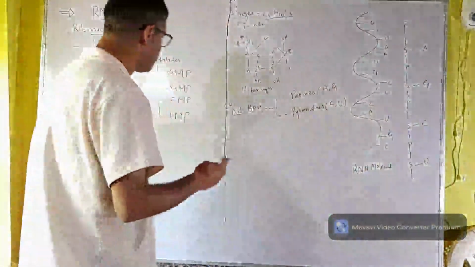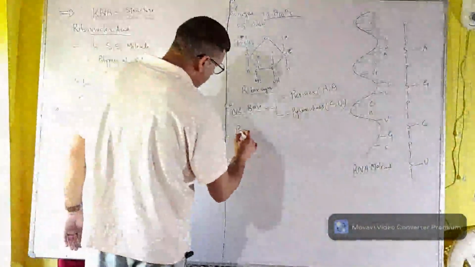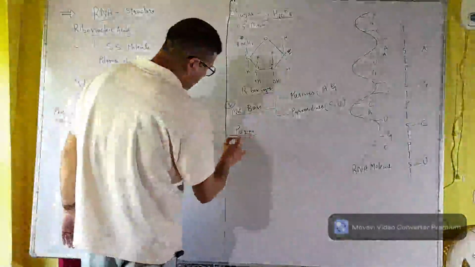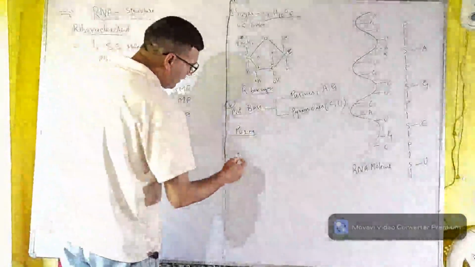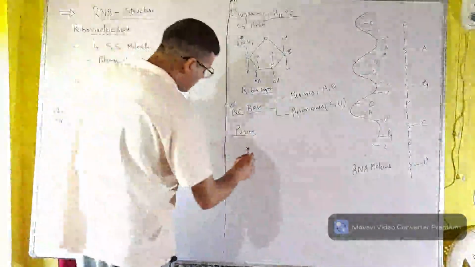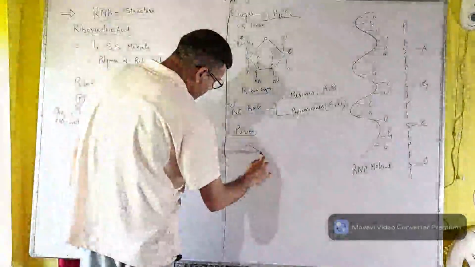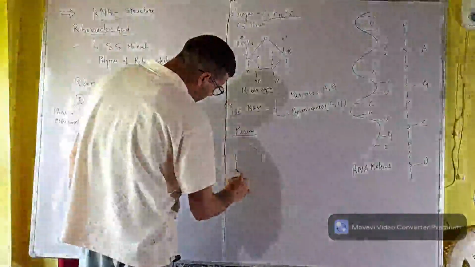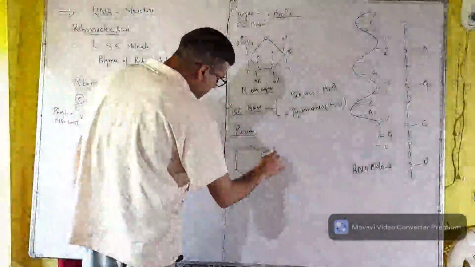There is a difference between these purines and pyrimidines. For example, this is purine. Purine is a 9-member molecule. We can draw the structure of a typical purine.